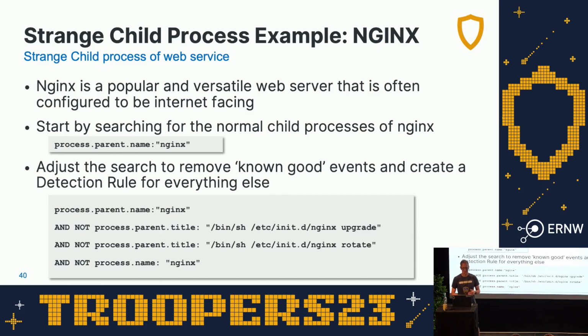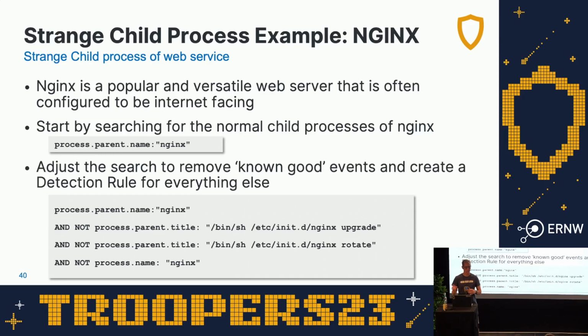And this is just talking about the methodology to build these detection rules. So you start out by saying, okay, NGINX takes untrusted data from the internet. Let me go do a search for everything where NGINX is the parent process. And then I start to tune it out and get rid of the known goods. From my query, I saw that NGINX spawns itself all the time because it's handling load balancing, it forks itself a lot.